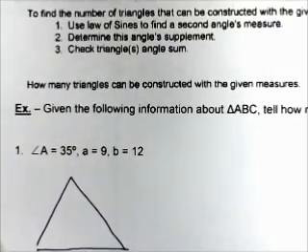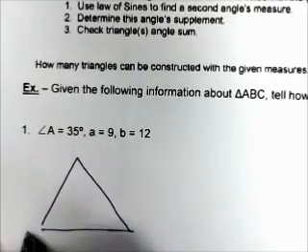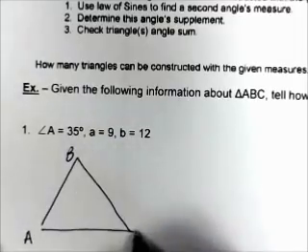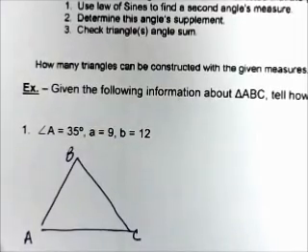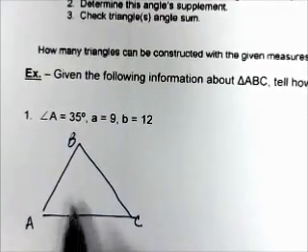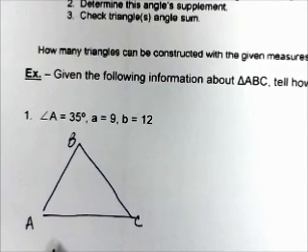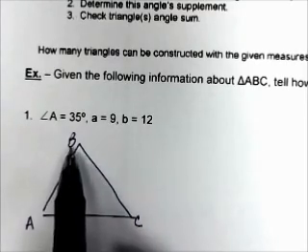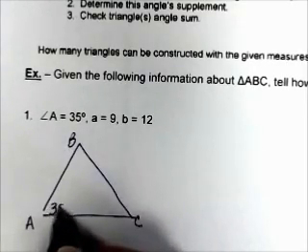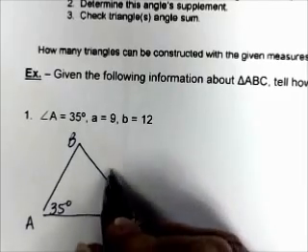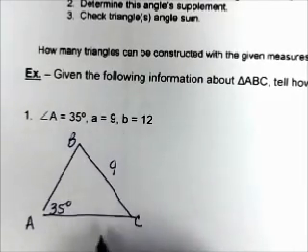Now, it's not necessary to draw the triangle, but I think it's easier to see the sides and the angles opposite those sides. All right, so angle A is 35 degrees. Lowercase a is 9. Lowercase b is 12. So the side opposite angle B is 12.